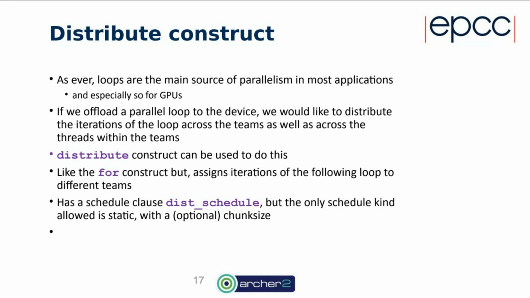It works just like the for construct, but it assigns iterations of the following loop to different teams rather than to different threads. And there's a schedule clause here, but again, because of the restriction of not being able to synchronize between teams, we can only have static schedules. So we can have static or static with a chunk size, but we can't have things like dynamic or guided schedules.